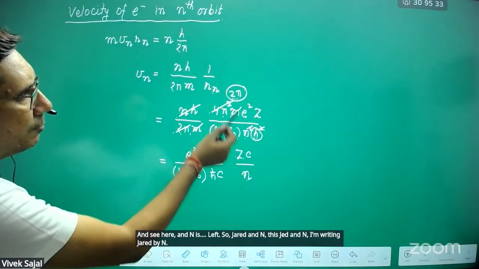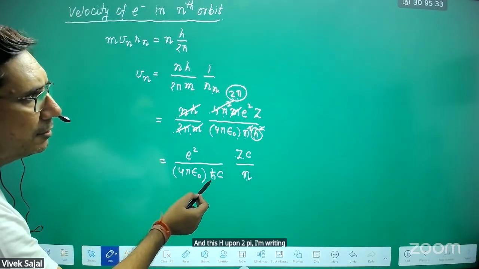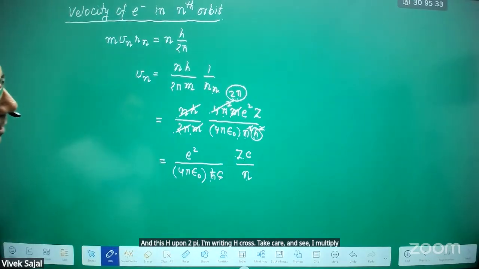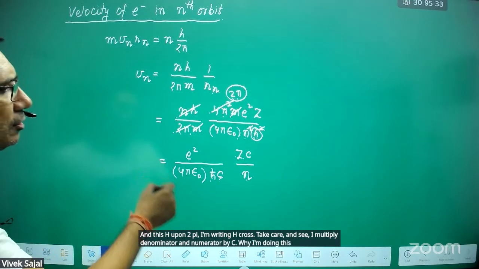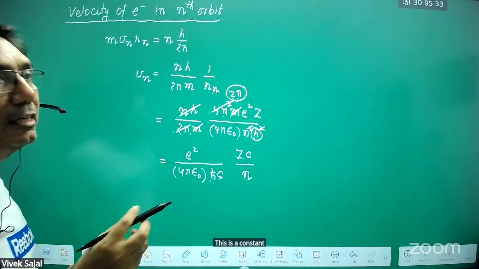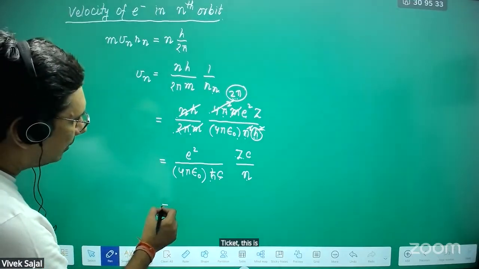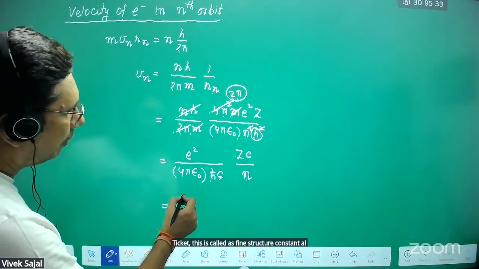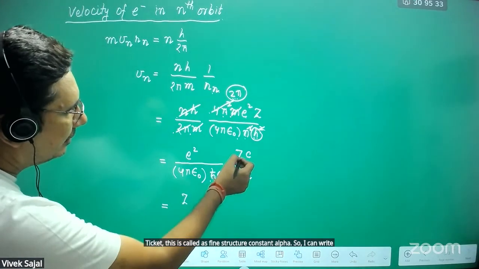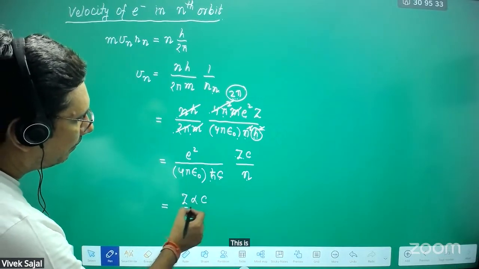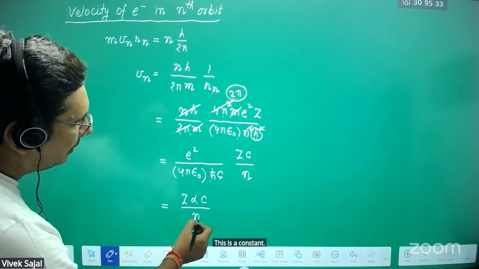I multiply the denominator and numerator by c. Why am I doing this? This is a constant called the fine structure constant, alpha. So this is Z alpha c by n.